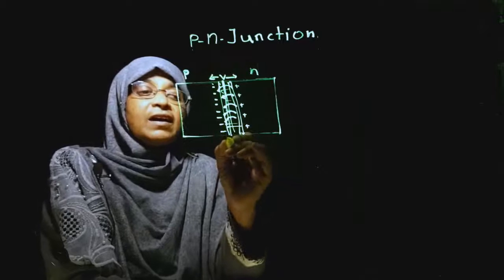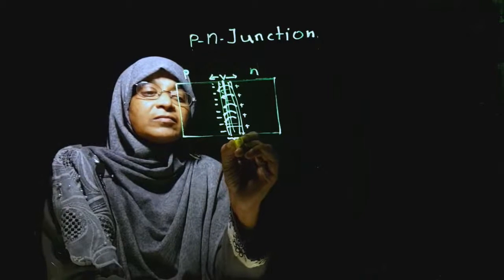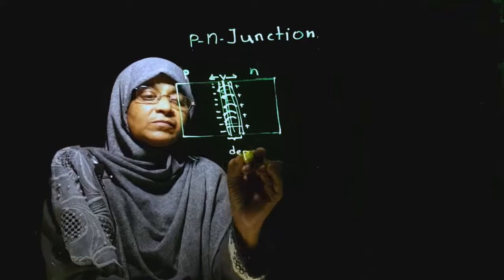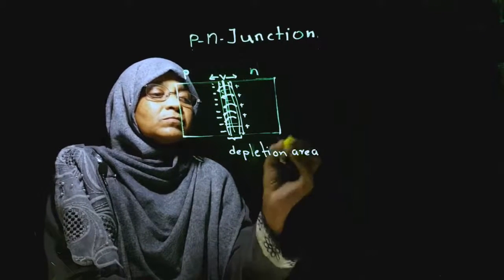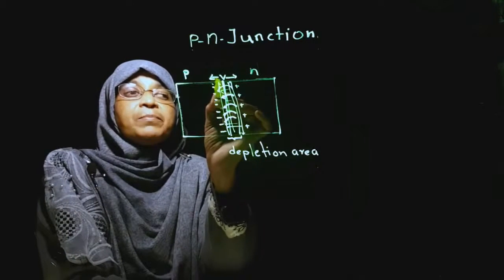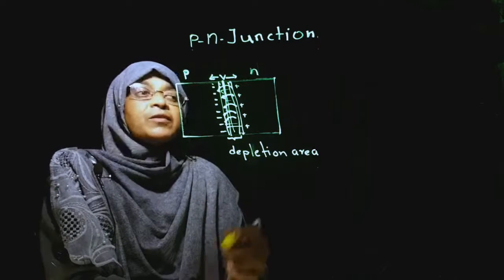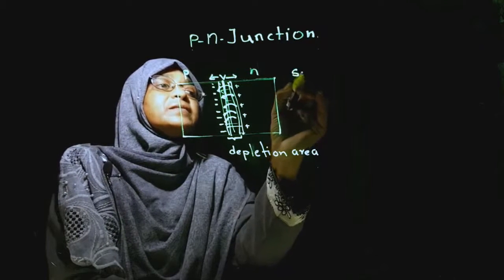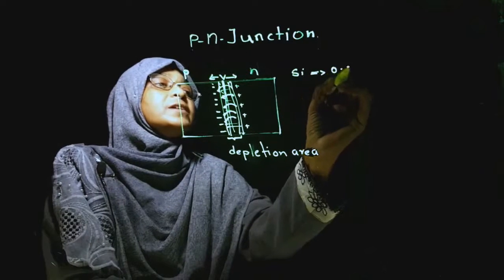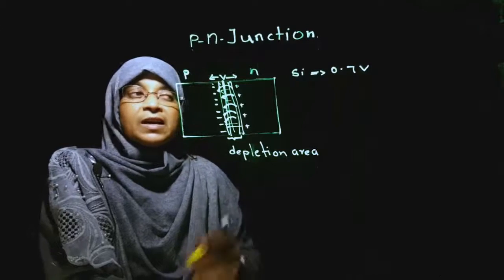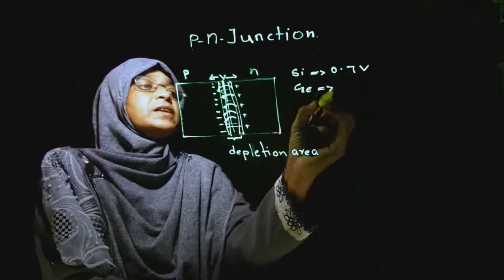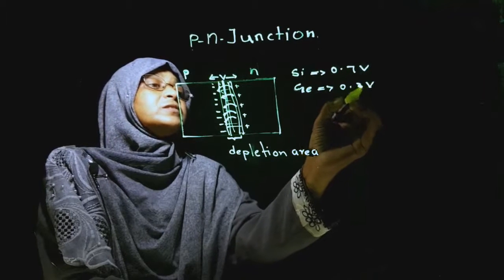This area is called the depletion area, the depletion region. This barrier potential difference for the silicon p-n junction is 0.7 volt. If it is a germanium lattice, it is 0.3 volt.